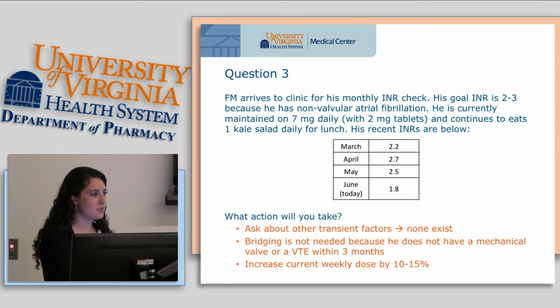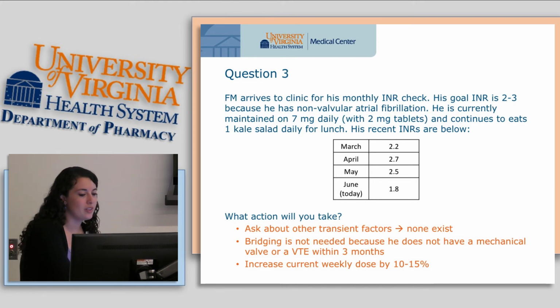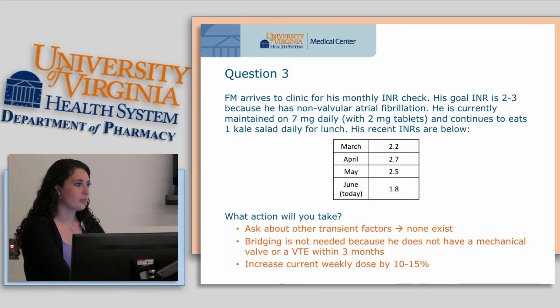You might be thinking, oh, this must be from something else. Then, if he maybe told you sometimes I eat 2 salads every day, and then it was 1.8, then that could be more consistent with the lower number. But usually, if he didn't have the salad that day, then you would think his INR would be higher. Does that make sense? I'm just trying to figure out the transient versus non-transient.